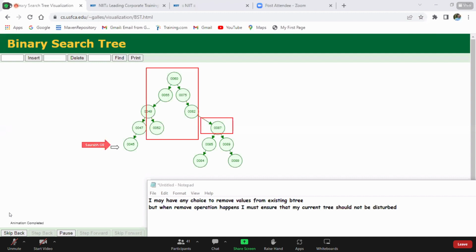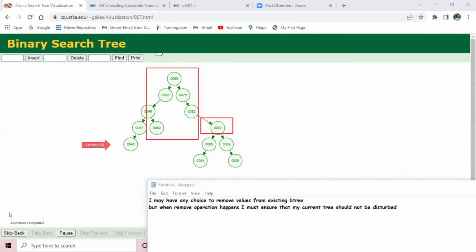It is the lastmost node within the tree. So if anybody deletes this particular node, there is no effect on the rest of the tree, am I right? Because it is the lastmost node. If someone from the last level is deleted, the rest of the things will be intact.